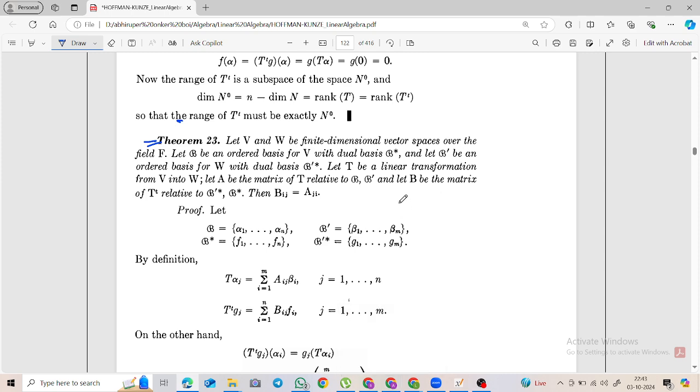So basically they are saying that the transpose of this matrix is the matrix of T transpose with respect to beta prime star and beta star.